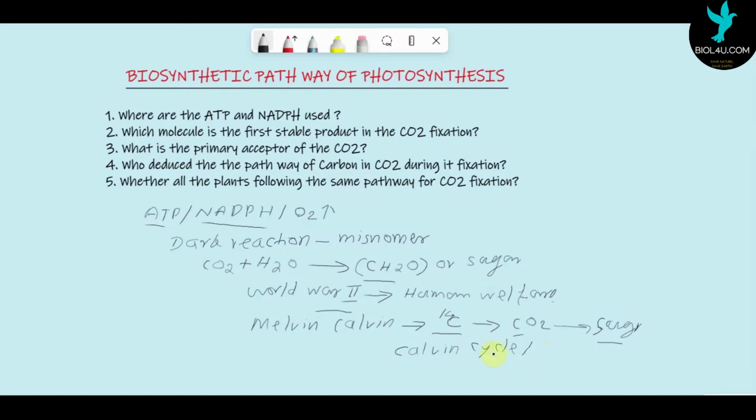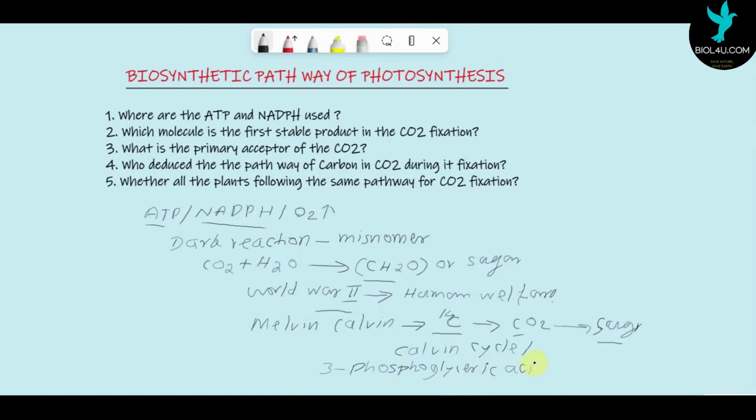Okay, so according to Melvin Calvin, the first stable product formed after carbon dioxide is fixed by the plant is 3-phosphoglycerate, or 3-phosphoglyceric acid.